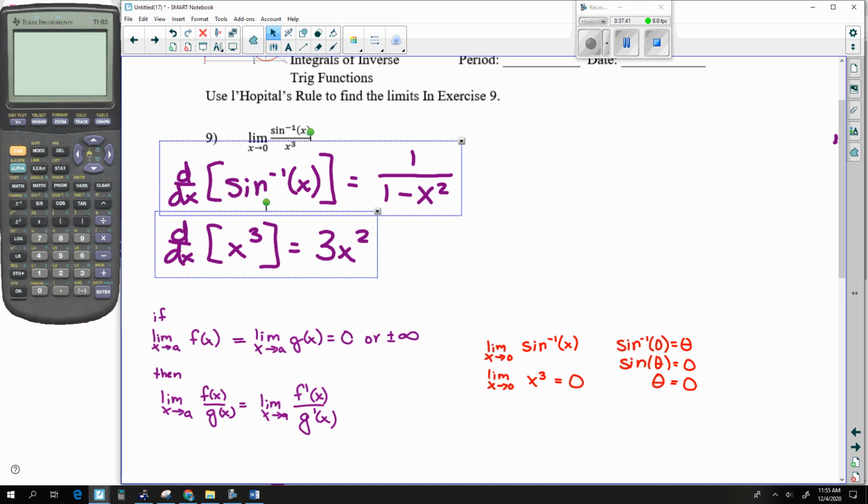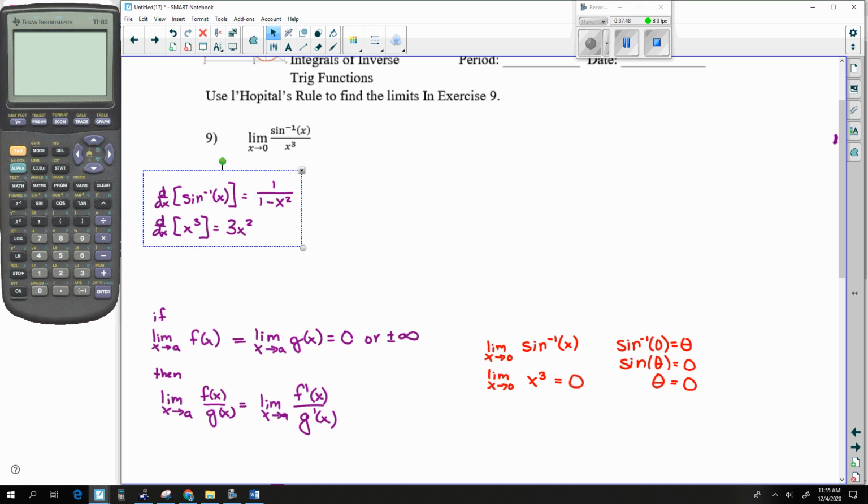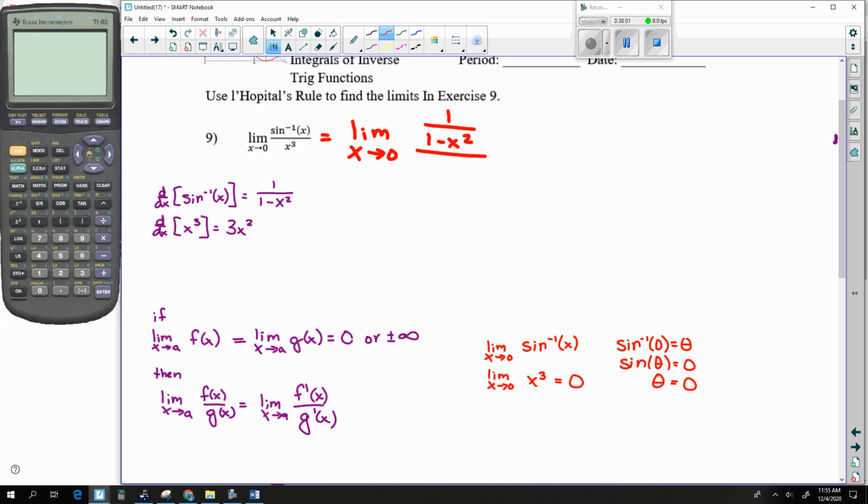So this problem is now transformed. It is now equal to the limit as x goes to 0 of, I'm not going to simplify stuff here right now, this over 3x squared. So now I'm going to evaluate the limit.